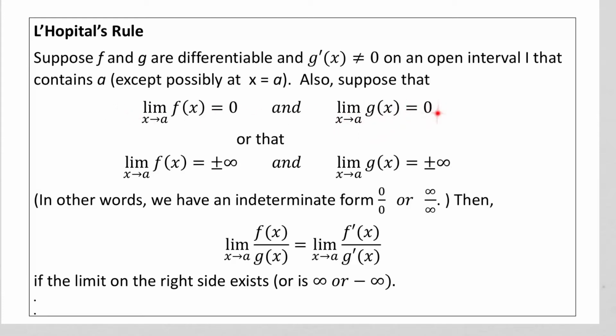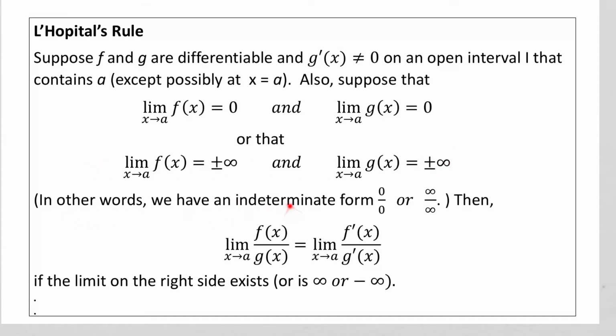So this is one case. Or the other case is the limit as x approaches a of f of x is positive or negative infinity, and the limit as x approaches a of g of x is also positive or negative infinity. So this is the second case.